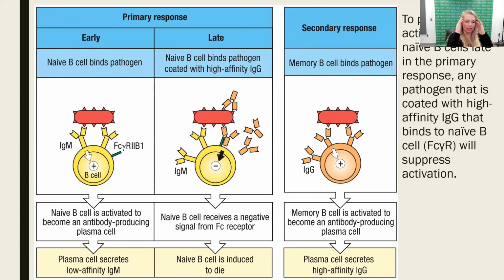Okay, so this slide is kind of a more confusing concept, or maybe a little bit deeper concept. Yes, we have memory B cells ready to go on a second infection or any subsequent infection. But that doesn't mean that there aren't naive B cells out there that will also recognize this pathogen.